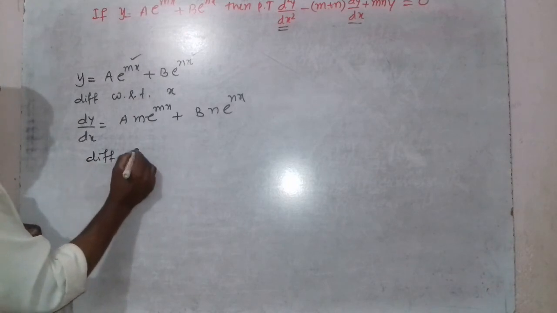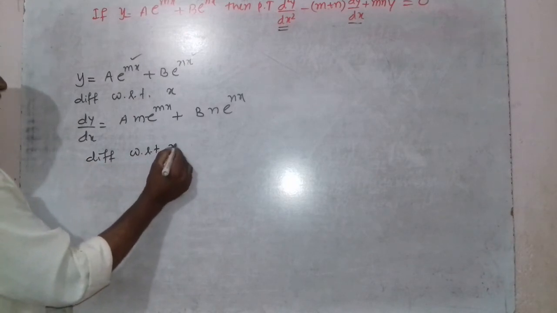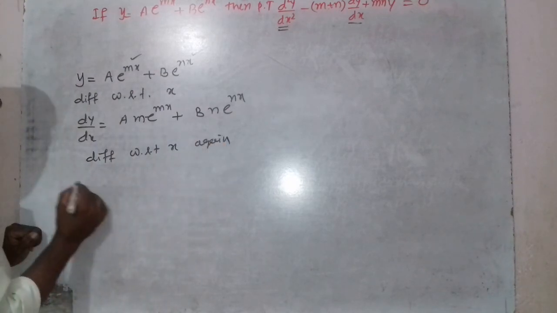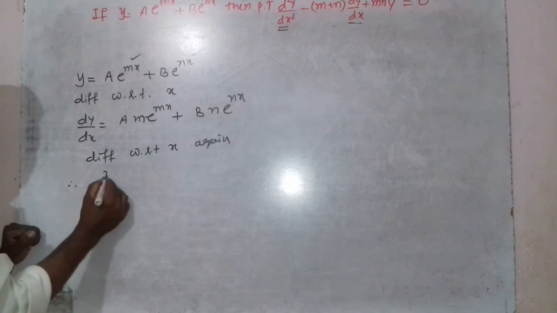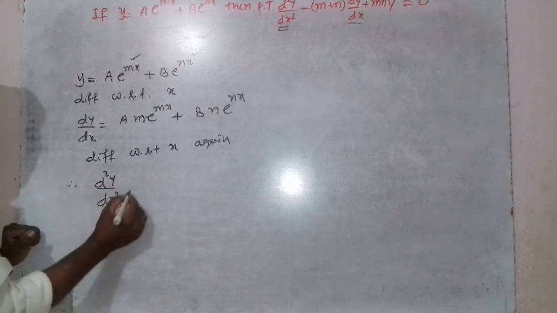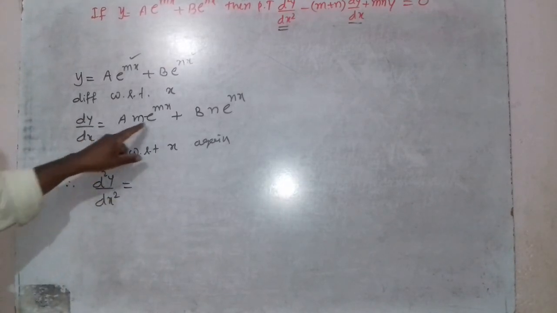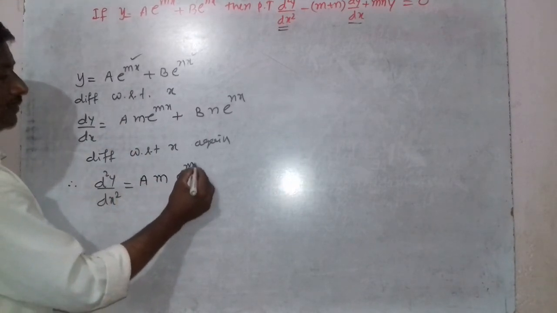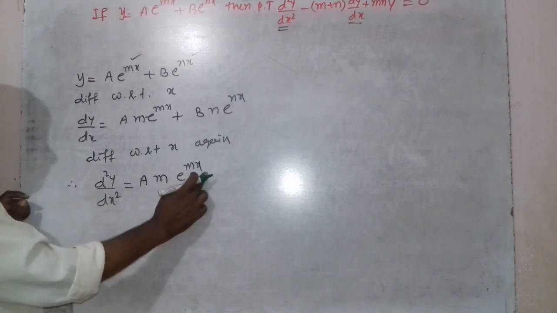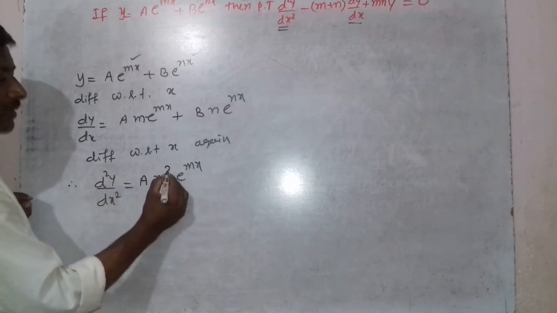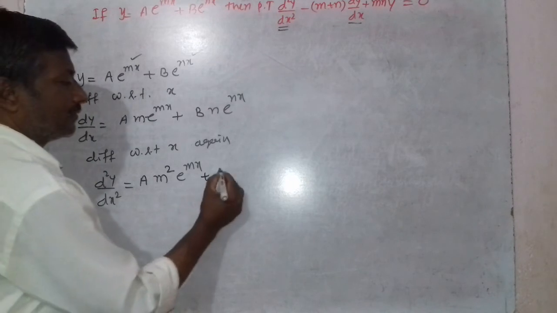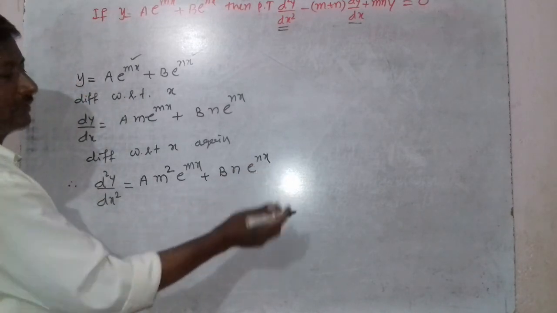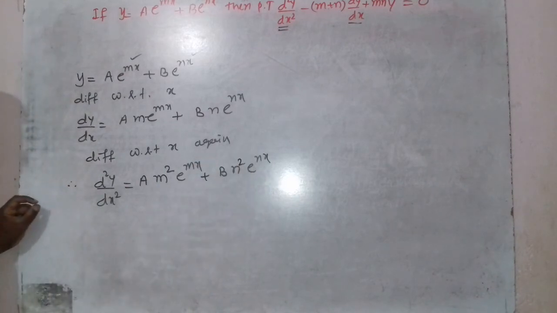Differentiate with respect to x again. This becomes d square y by dx square equal to a m e raised to mx, again derivative of mx is m, this becomes m square, plus b n e raised to nx, derivative of nx is n, this becomes n square.